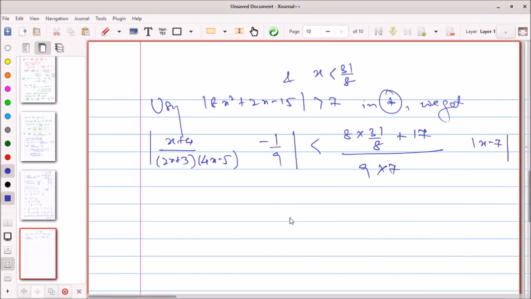So what we get, 31 plus 17 is 48 by 63, x minus 3.